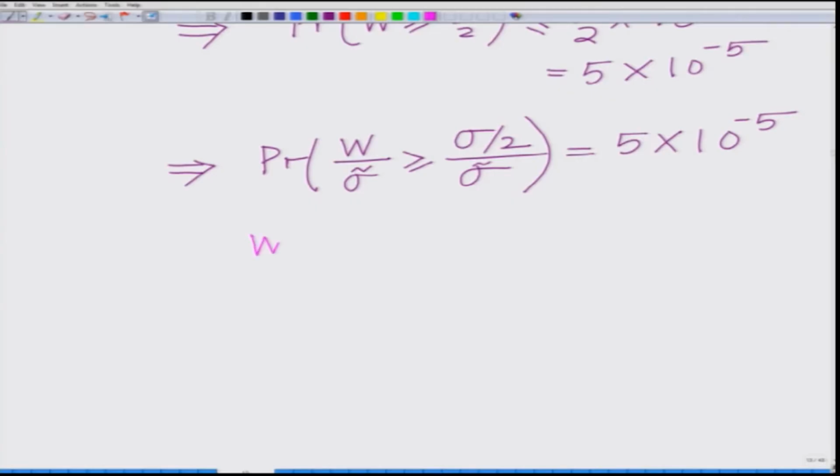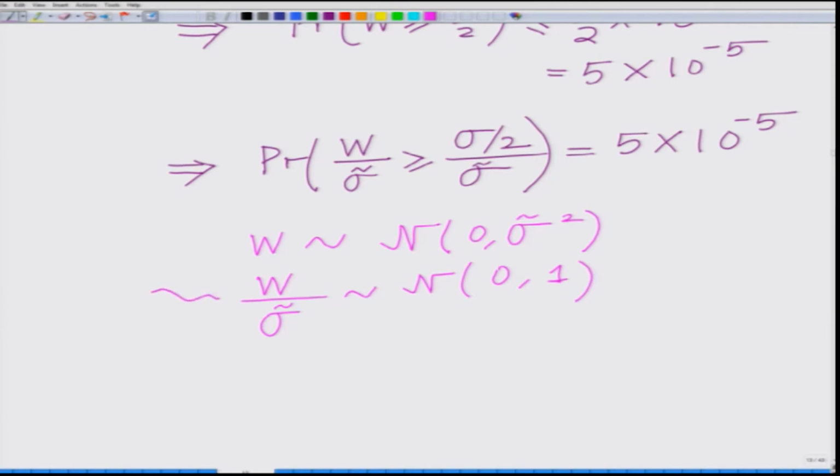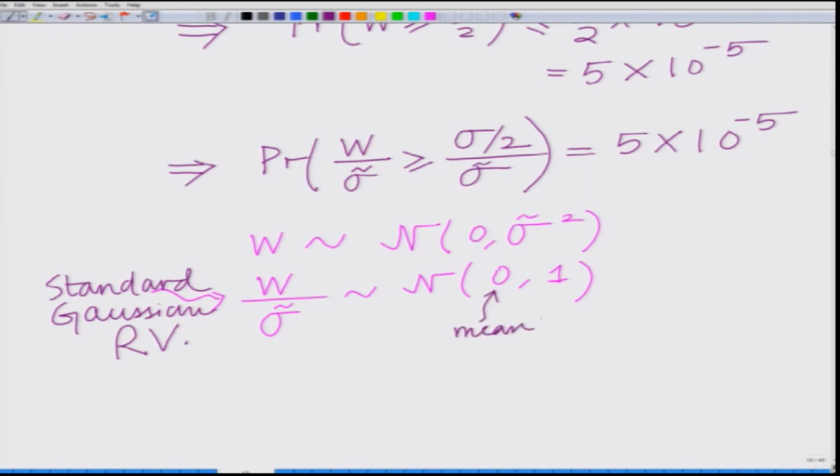W is a Gaussian random variable with mean 0 and variance sigma tilde square, which implies that w divided by sigma tilde is a Gaussian random variable with mean 0 and variance 1. This is also known as a standard Gaussian random variable, because the mean equals 0 and the variance equals 1.